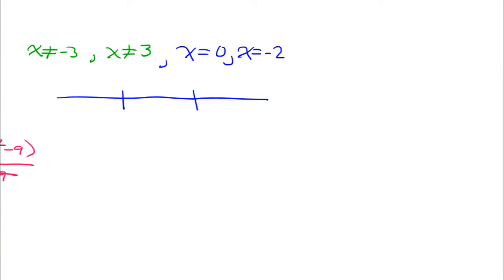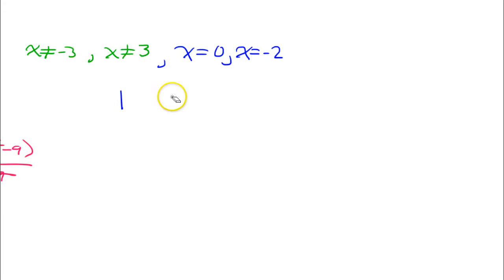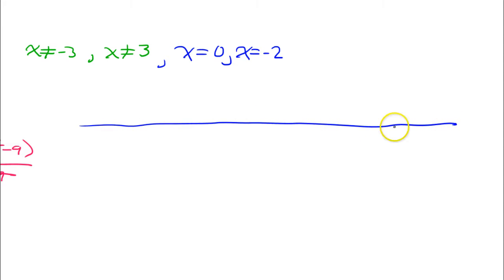Okay, so now I'm going to make a little bit more space because this is a lot of numbers to go on the number line. So here we go, 4 values on my number line, big old number line. So let me try to put these in order.